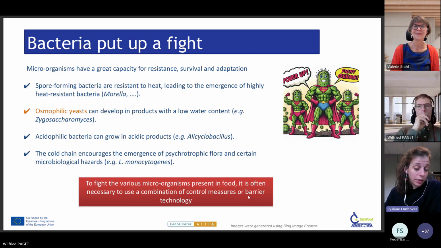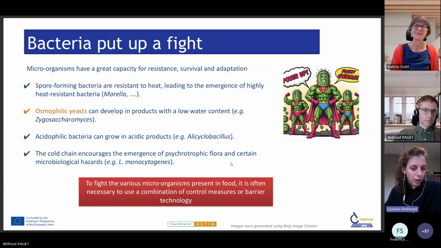There are also different microorganisms that can develop in other conditions. For example, in low water content, osmophilic yeast can develop. In acid conditions, some acidophilic bacteria can also grow, for example, Alicyclobacillus in beverages. And the cold chain encourages the emergence of psychrotrophic flora and certain microbiological hazards, such as Listeria monocytogenes.